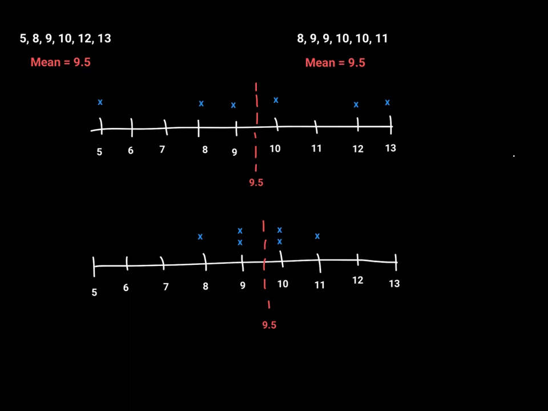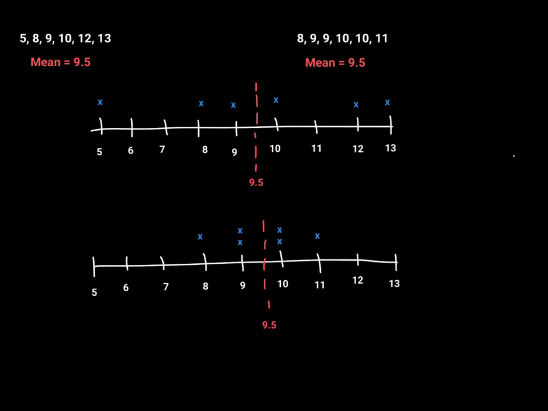So because these values here vary less from the mean, this set here is going to have a smaller standard deviation. So many times only a very small standard deviation is desirable or acceptable.